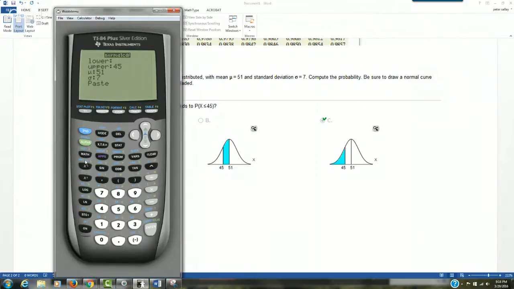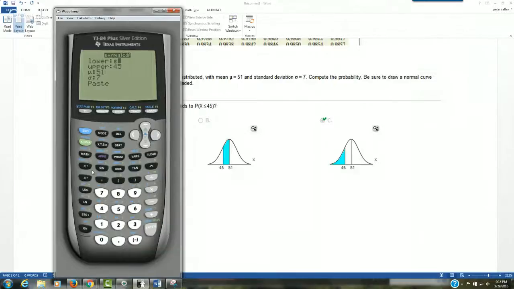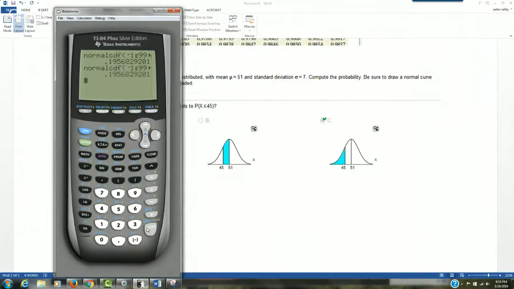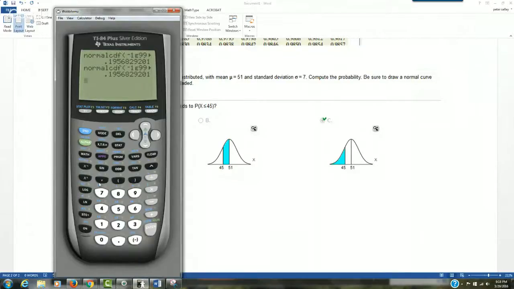Where is it? Usually above these blue. Oh, there it is. Okay, right above the comma. In blue, you should see that EE. All right, -1 EE 99. Yep, and all that is is scientific notation.